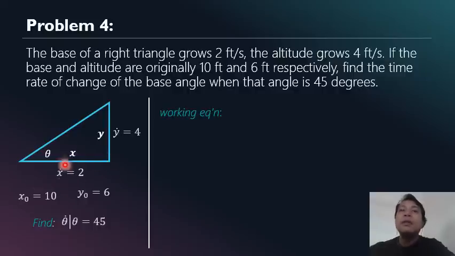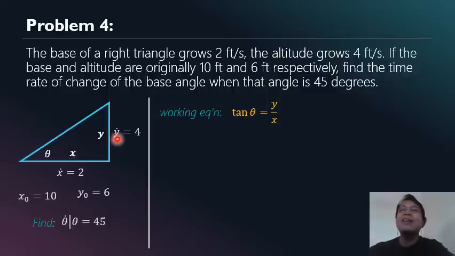Now, theta, x, y. Anong equation ang nagre-relate sa theta, sa x, at sa y? Di ba? Trigonometric function, that's tangent theta. So, dahil may theta ka dito, meron kang adjacent at meron kang opposite, pwede kang gumamit ng tangent, right? So, the tangent of the angle theta, of course, is y over x, and that will be our working equation.